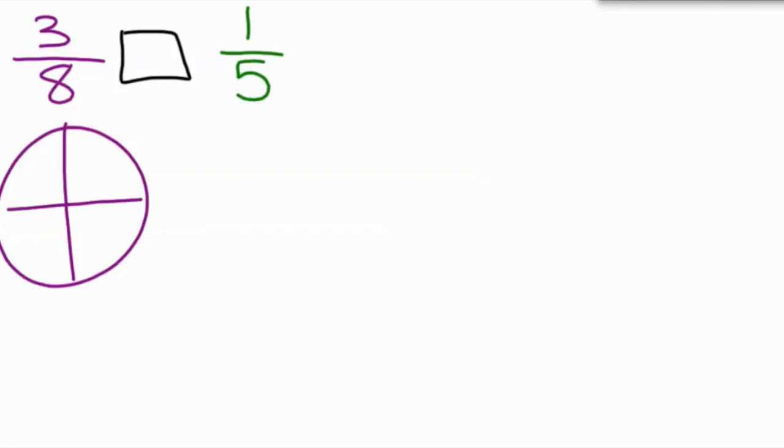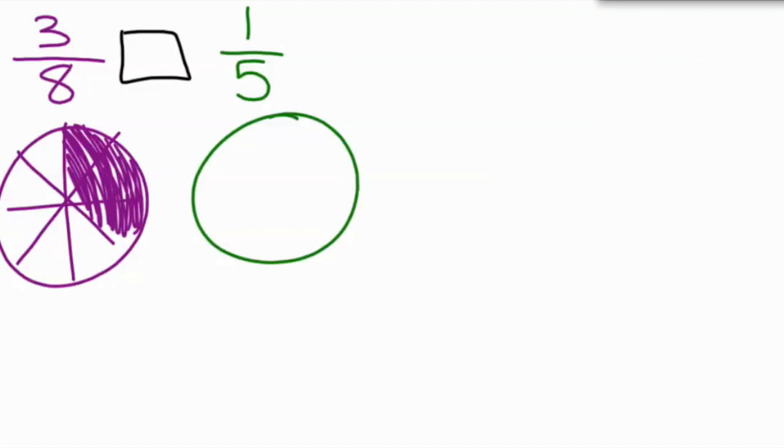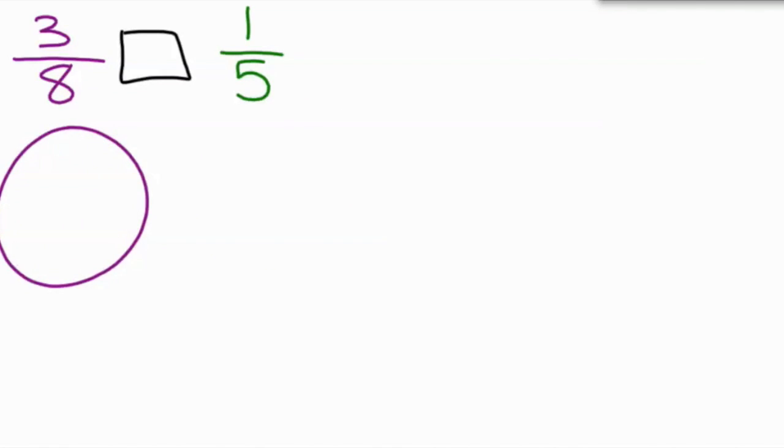So we can attempt to draw a picture of a circle with 8 equal pieces and shade in 3 of those sections. Similarly, we can draw a circle that has been divided into 5 equal pieces and shade in 1. And we can ask ourselves, which circle has more regions shaded in? It appears that 3/8 is greater than 1/5, but there's another method that we can use besides illustrations that will be more accurate and faster, especially when our denominators grow quite large.